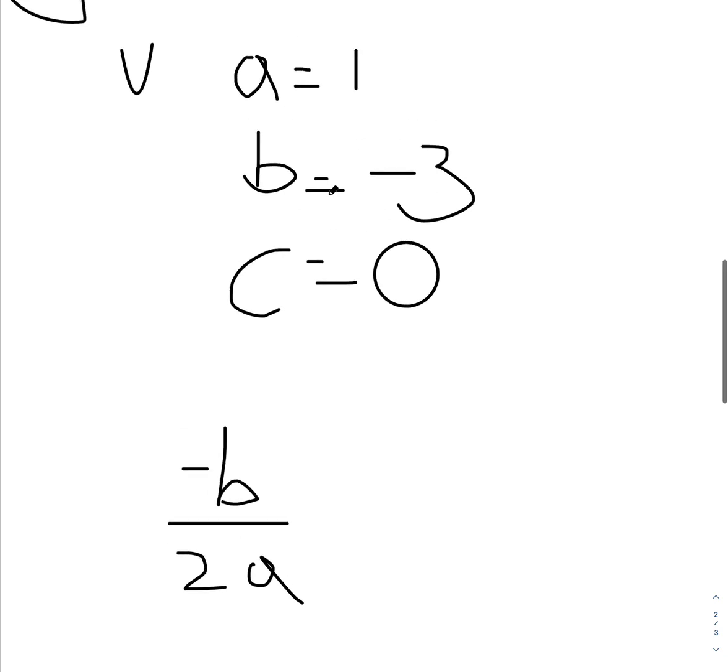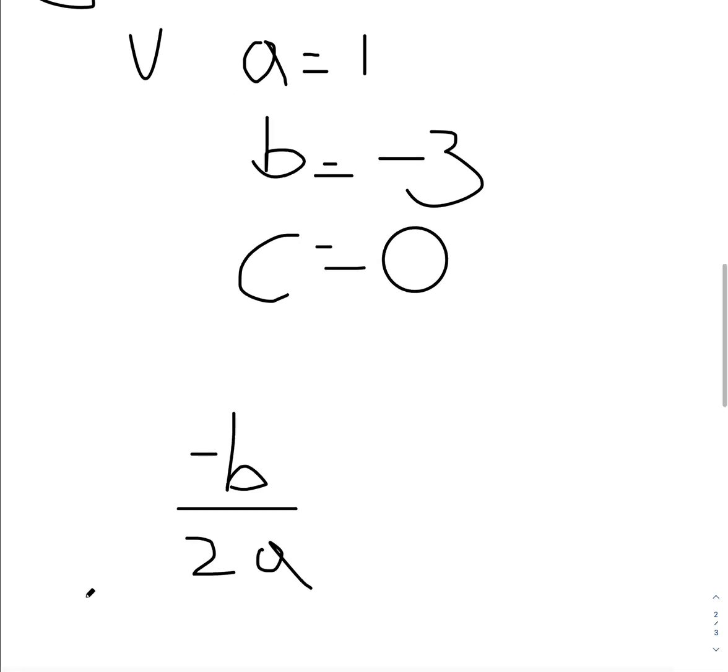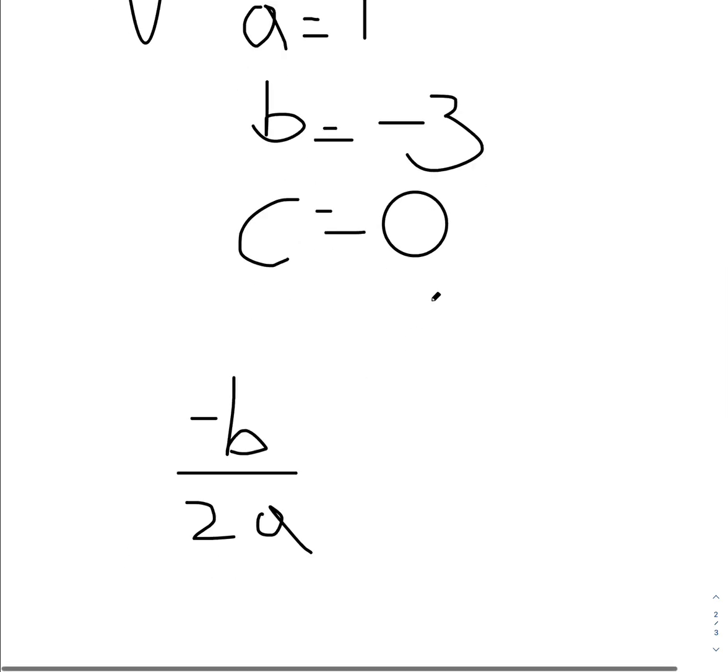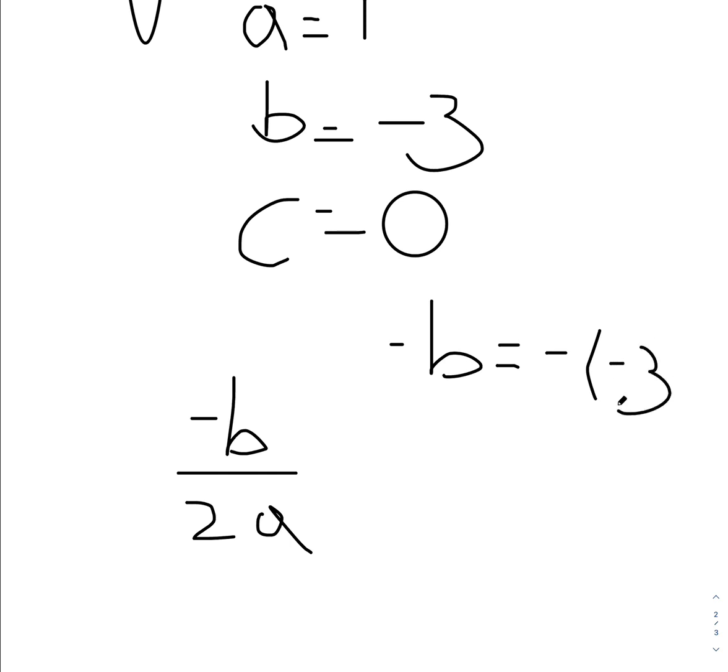We see that our b is negative 3, but we have to find the negative b of it. So negative b is going to equal to negative, in parentheses, negative 3, which is gonna equal to 3.